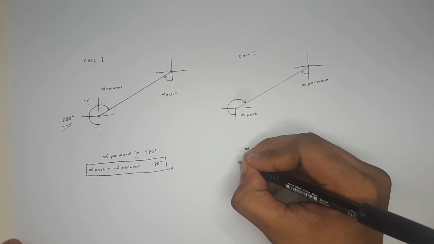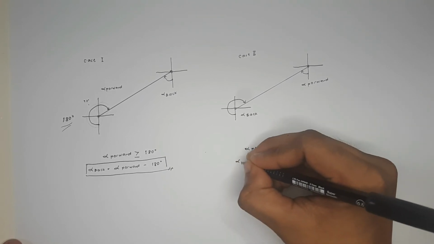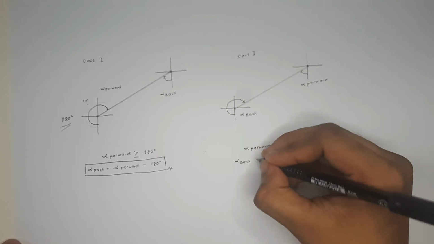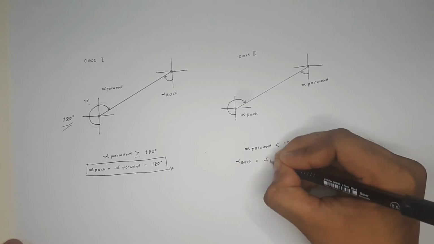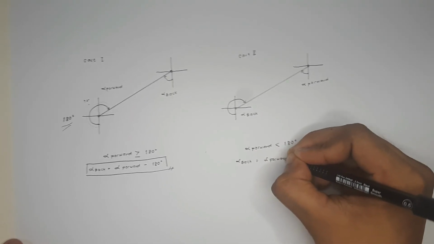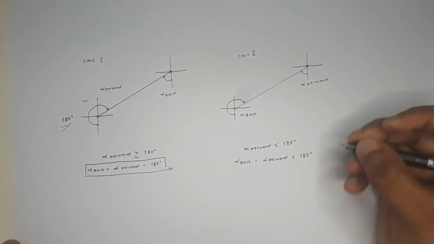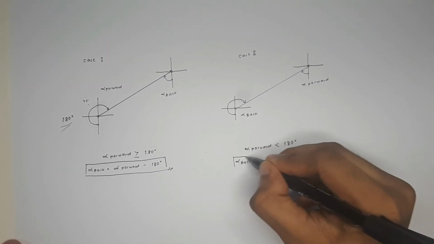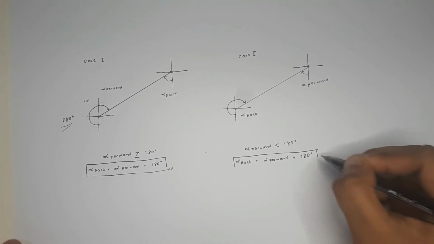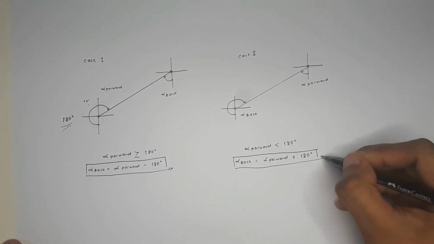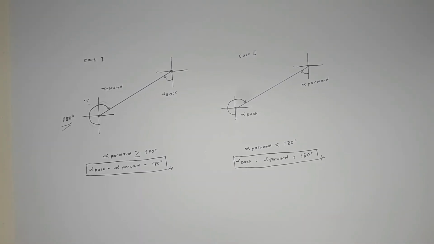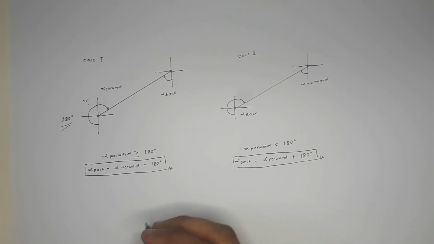So the formula will look like this: back azimuth is equal to forward azimuth plus 180 degrees. So this will be our formula for our rule number 2.